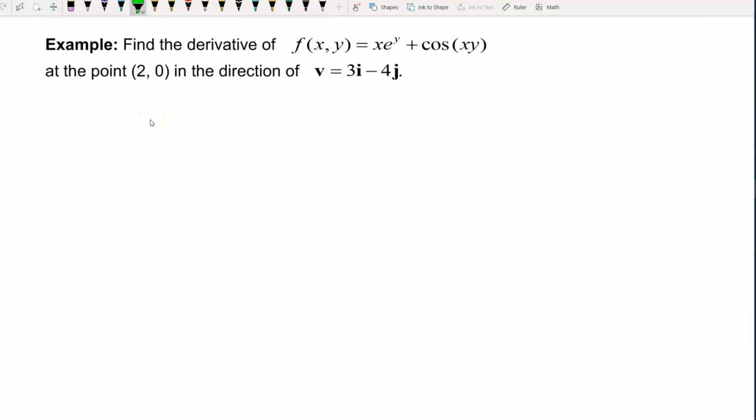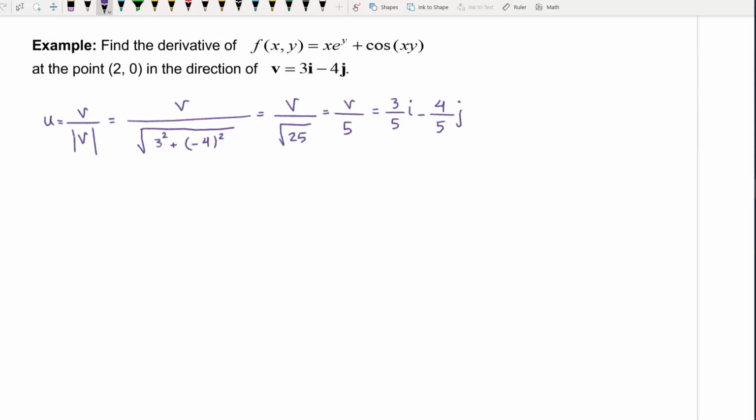Find the derivative of f of x, y equal to x times e to the power y plus cosine of x times y at the point (2, 0) in the direction of v equal to 3i minus 4j. Recall that the direction of a vector v is the unit vector obtained by dividing v by its length.